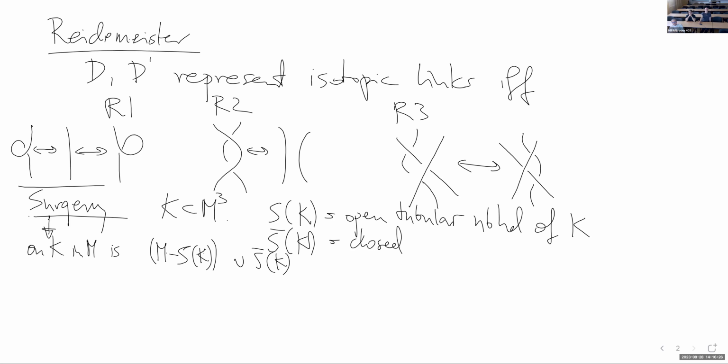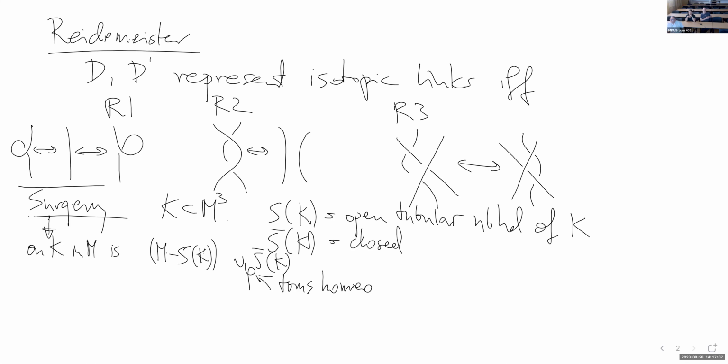And then you can consider gluing them together through some homeomorphism of a torus. If you do it right, you will get M back. But there's plenty of choices of torus homeomorphisms, and they will give you different manifolds. And this is called the surgery on K in M.